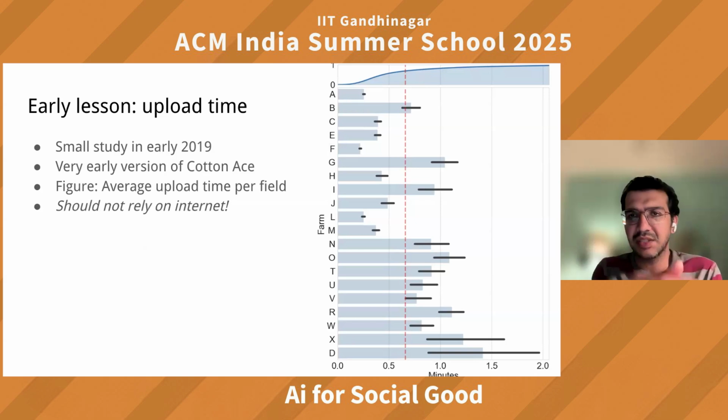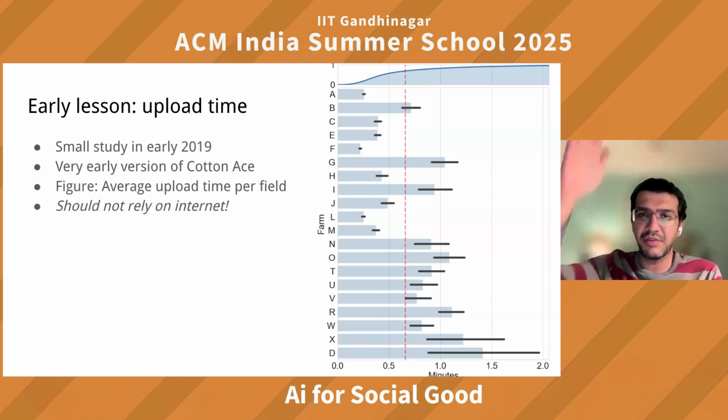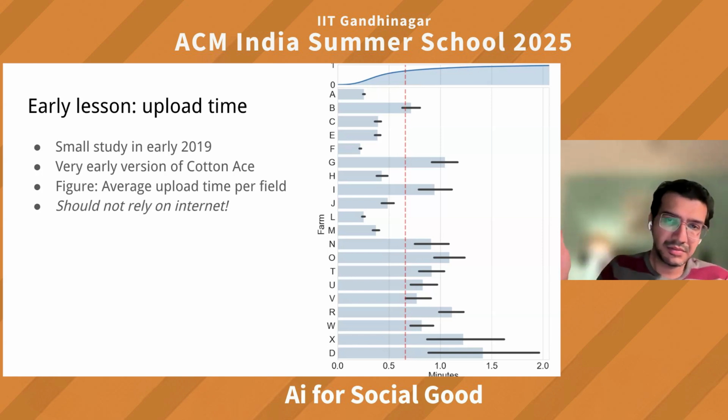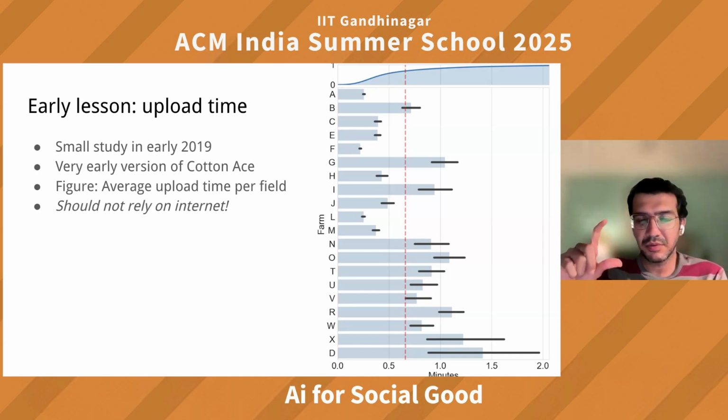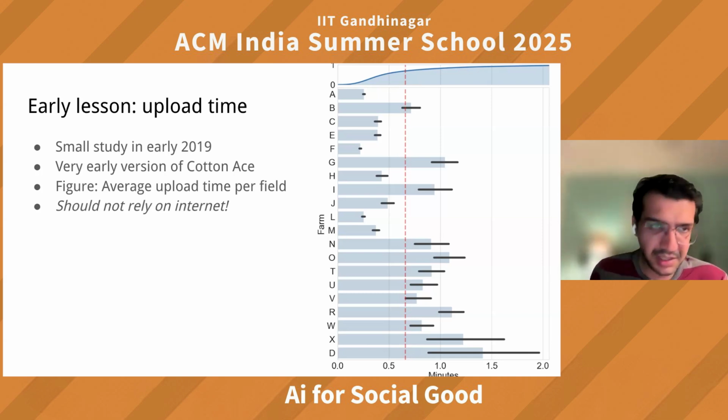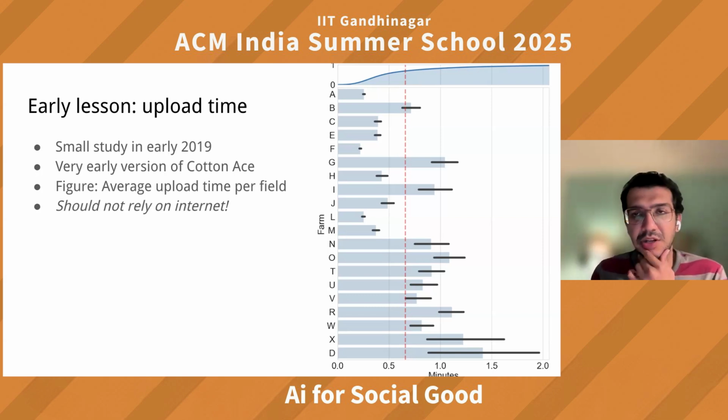As we did a small study, here on the right, I'm showing you the x-axis is time and the y-axis is different farms on which we were trying this. It was taking a long time for them to upload, and there were a lot of drop-offs, which is not shown here. So basically, unsurprisingly, the internet is not reliable.